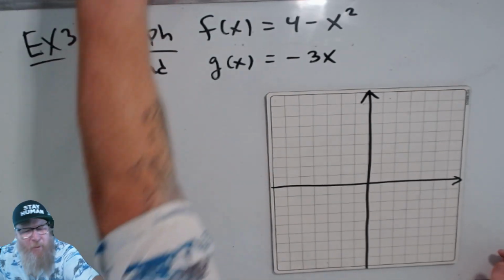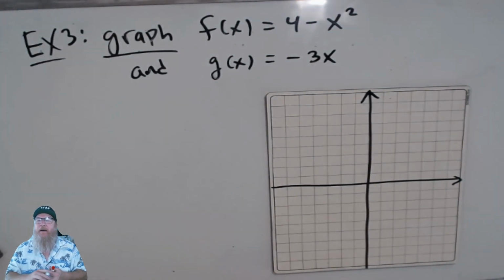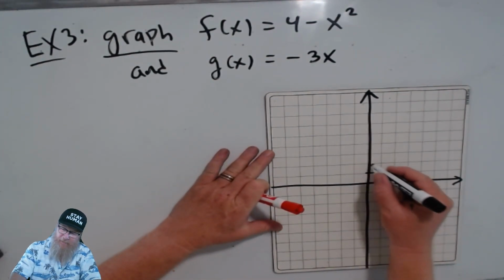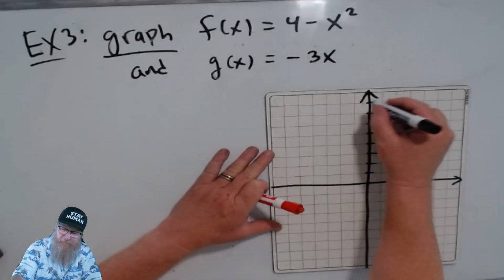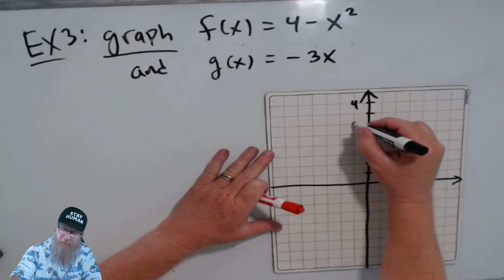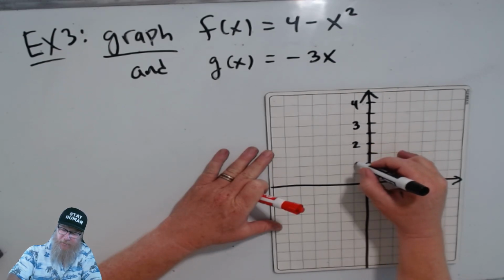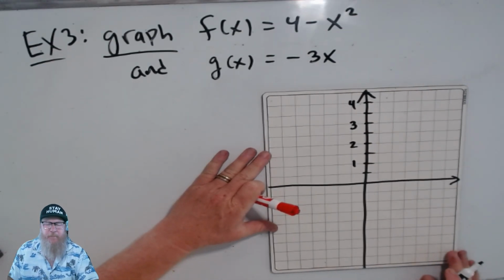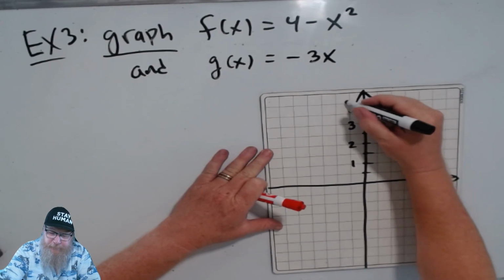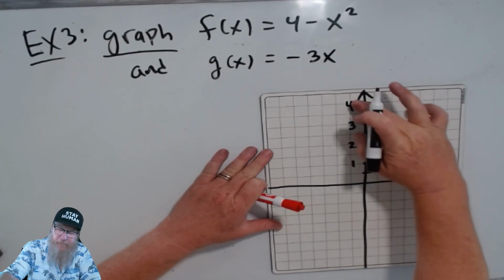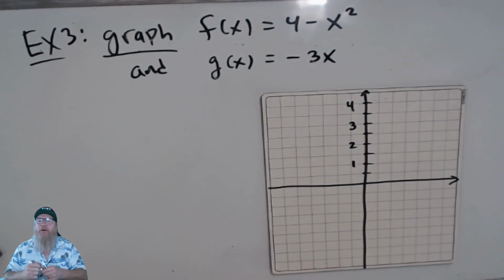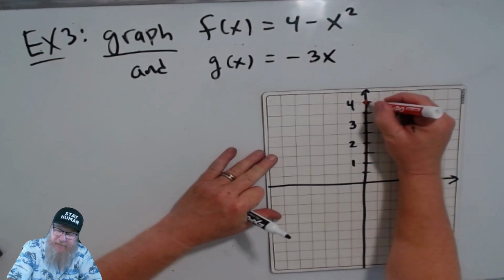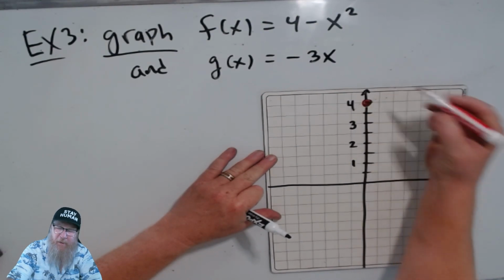We've got 4 minus x squared. So let's go 4, 3, 2, 1. All right, so your vertex is at 0, 4.